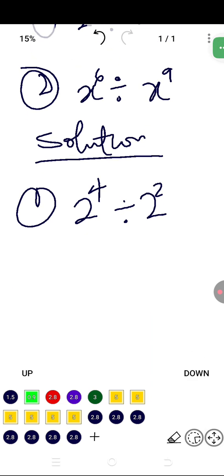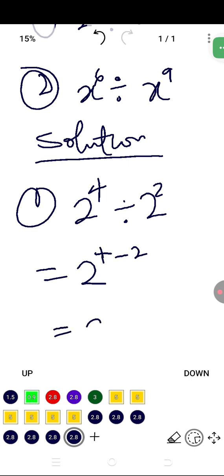For this one, we are going to apply the division law to solve this. We apply the division law. So this gives us 2 raised to power 4 minus 2, that is equals 2 raised to power minus 2.